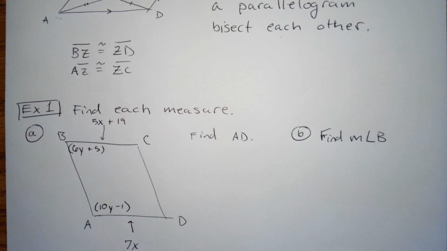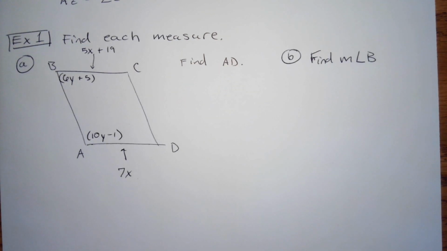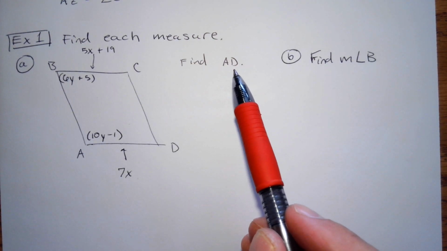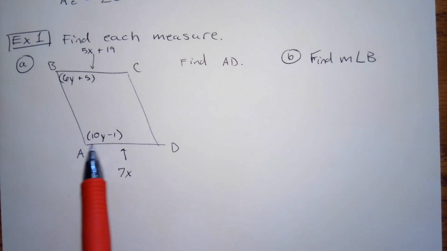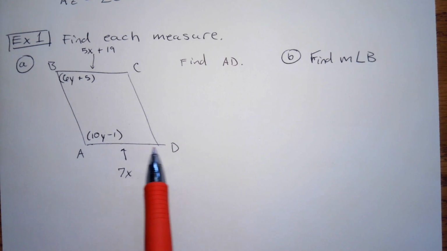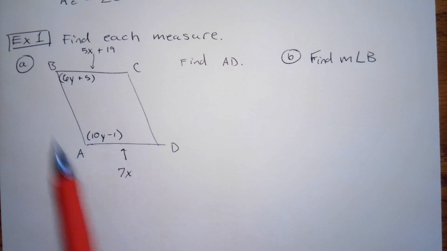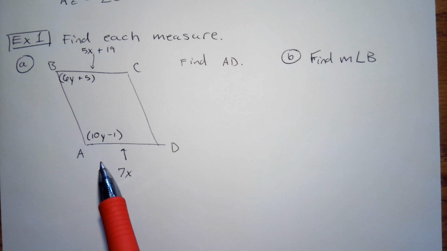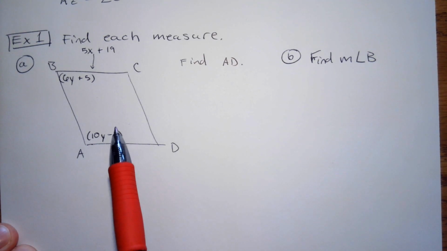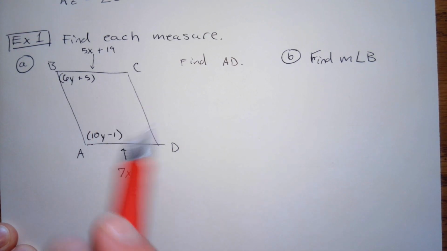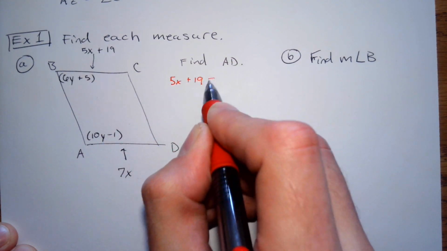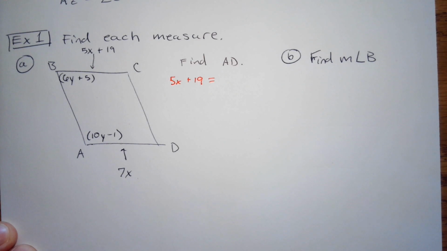Alright. On this first one, we're trying to find the length of AD. AD is this side. And since this is a parallelogram, because I told you at the beginning, I know that opposite sides are congruent. So that means 5x plus 19 has to equal 7x.